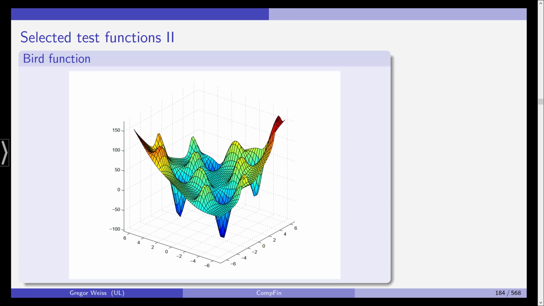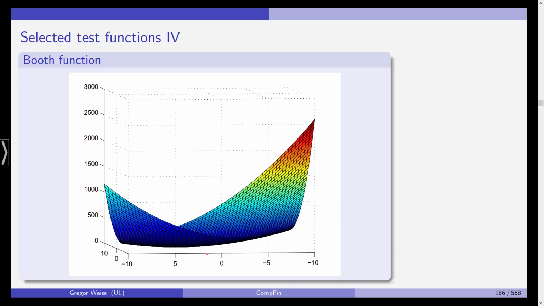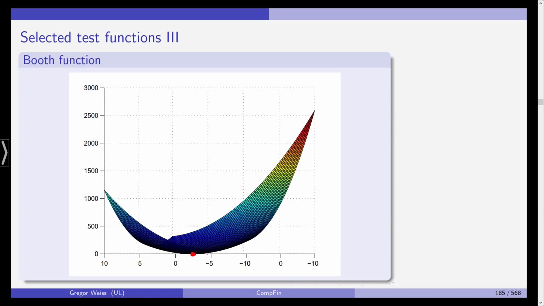Looks quite nice, and you can understand that you have local minima here, here, here, and on the other side. This is the Booth function, which looks like it has 1 global minimum here. Yes, it does, but it also has local minima, which is quite difficult to see if you plot the function.